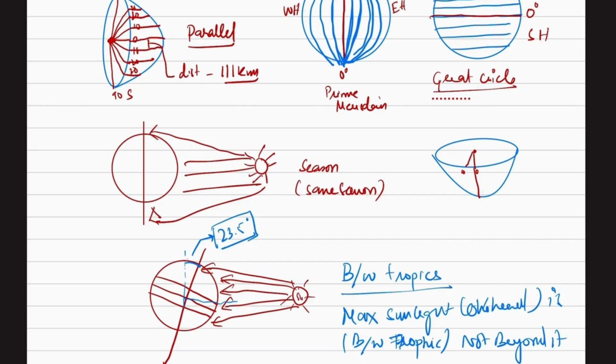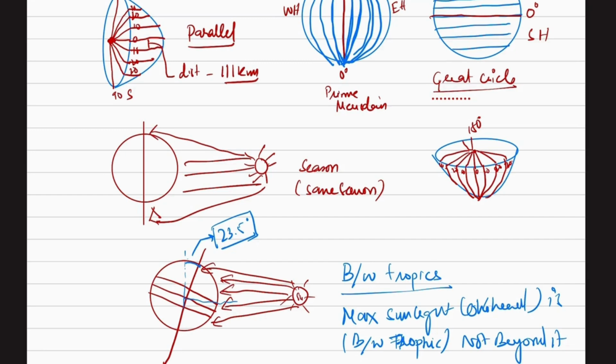this is 10, 20, 30, 40, same to as here 180, same here 10, 20, 30. This will connect from here to the poles.